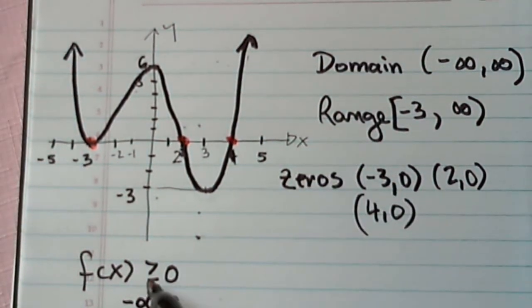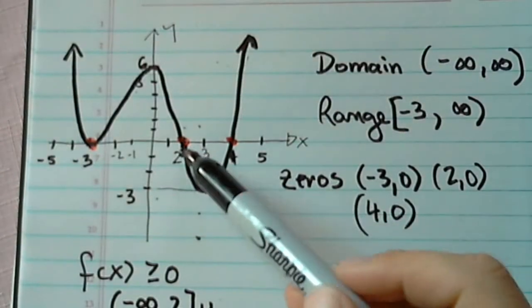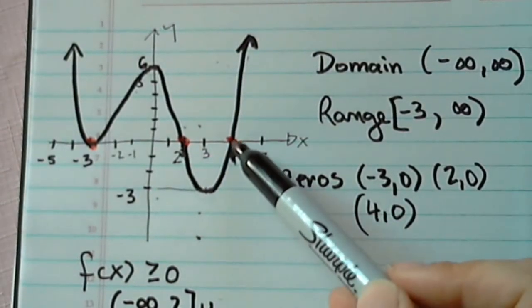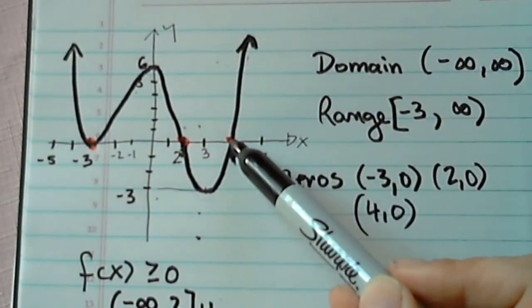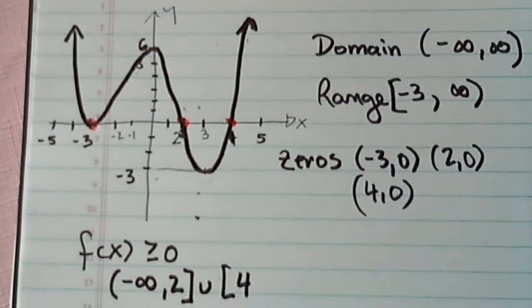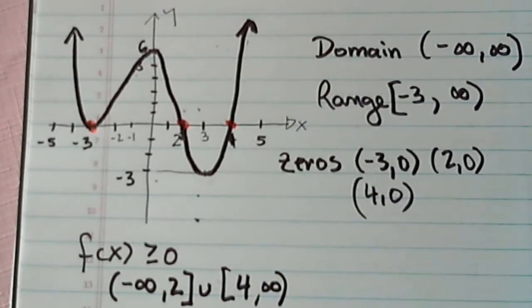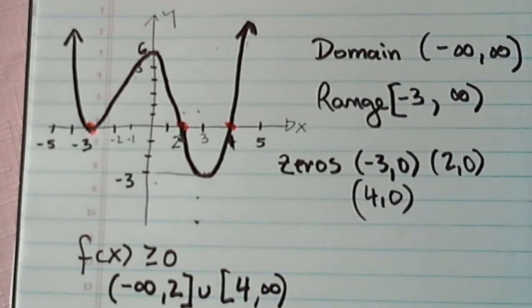And 2 is included. We have an equal here, so that calls for a bracket. Where else are we greater than 0? Well, if you follow my graph, where do we go above the x-axis again? At 4 all the way to infinity. I'm trying to keep the answers in the picture.